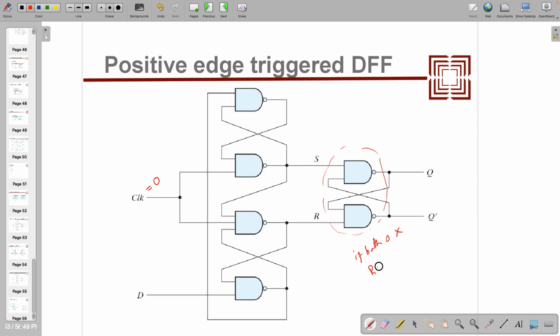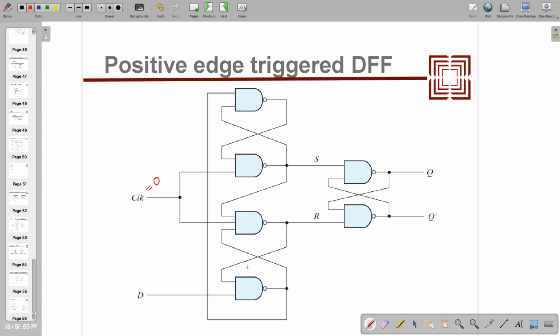If reset equal to 1, set equal to 0, Q of t plus 1 equal to 0. Reset equal to 0, set equal to 1, Q of t plus 1 equal to 1. And if both 1, then it will latch, or it will remember the previous state, right? So that is what we studied. Let's keep this in mind while solving this particular structure.